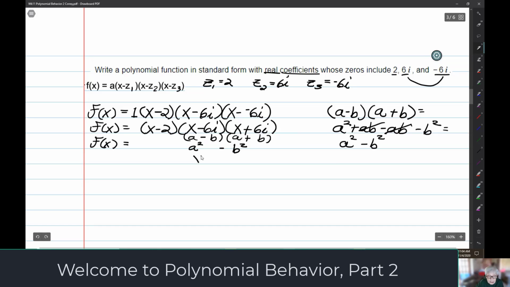So that'll be x squared minus parentheses 6i squared. You can only do that when you're multiplying conjugates. I love conjugates for that reason.